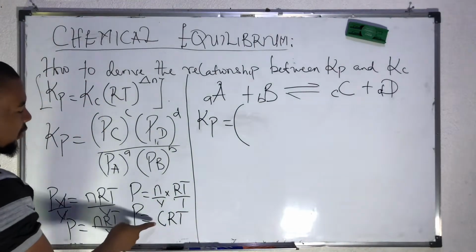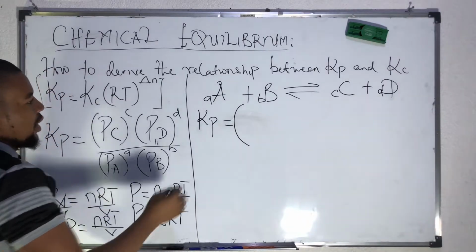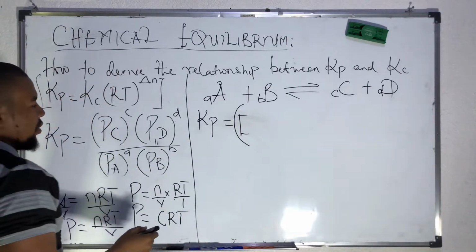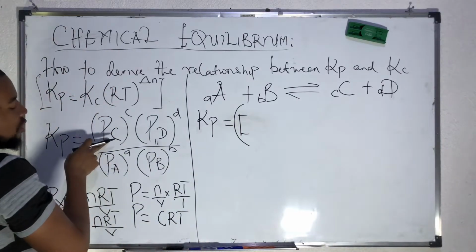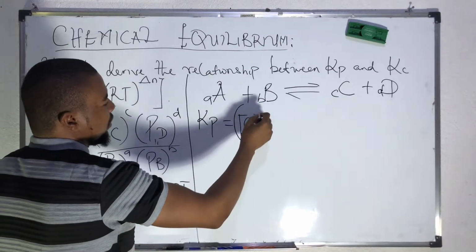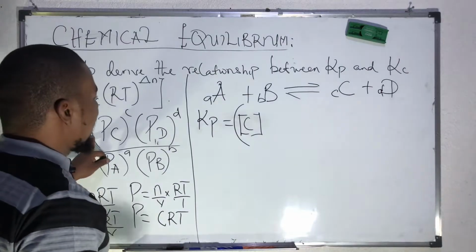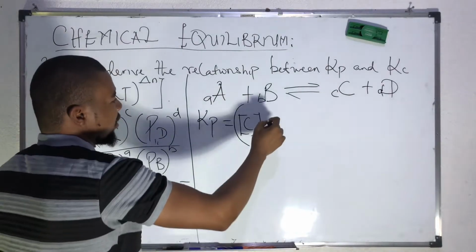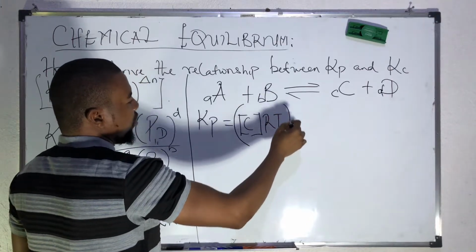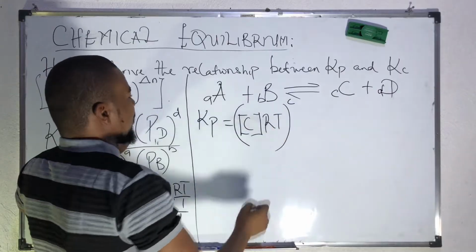Now, remember that the C refers to concentration, and we use a square bracket for concentration. For the concentration of C, I'm going to use a square bracket. This means concentration, and we multiply it by RT. Okay, we have RT. I'm going to close this bracket and raise it to the power of C.